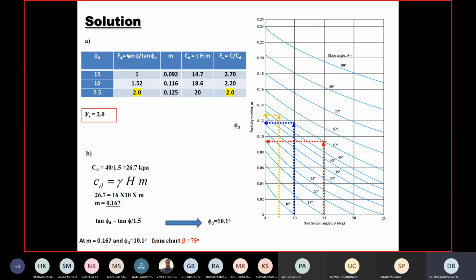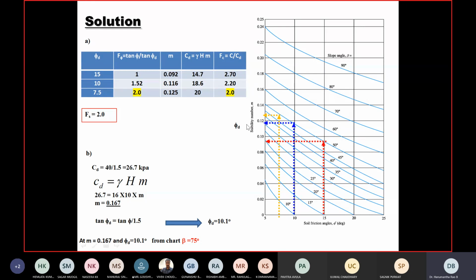So you are first asked to assume some value of phi d, the drained friction angle. So assume some friction angle, 15, and calculate the factor of safety with respect to friction, that is tan phi by tan phi d.